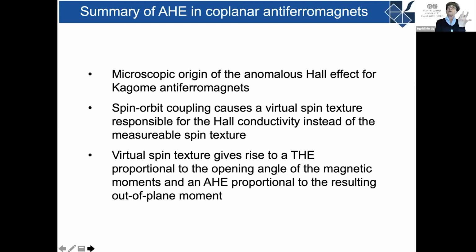Similar to the skyrmions, we have this out-of-plane tilting, we have this opening angle of the magnetic moments, and we have this contribution. And this is the end of my talk, and I would like to thank you for watching my talk.